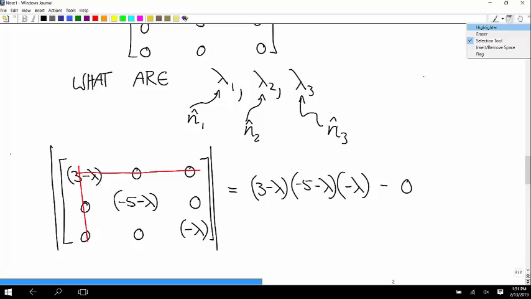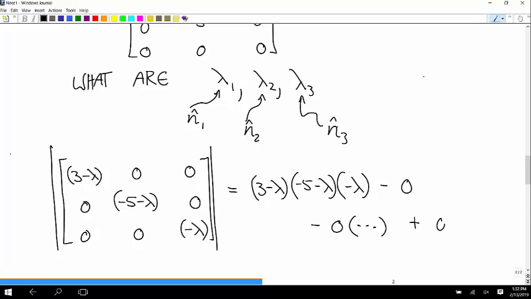Now we're done with this one. We'll go on to the next value in the row, and we're taking 0 times something, so that doesn't matter. Minus 0 times something is going to go away, and then plus 0 times something is also going to go away.